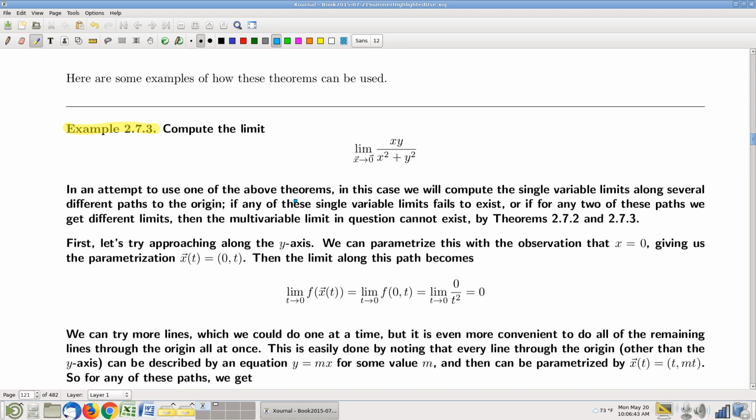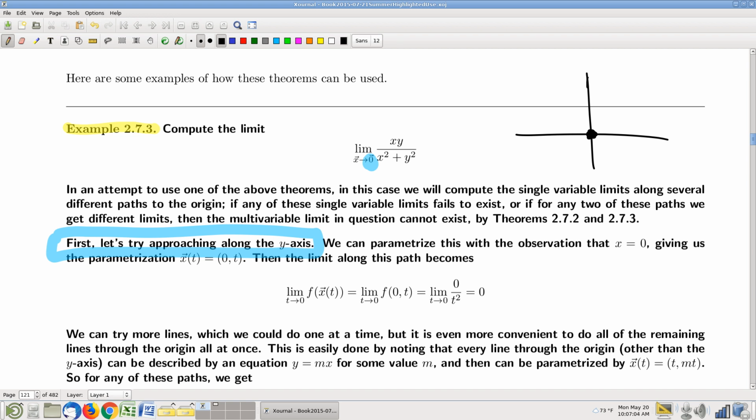Okay, I want to start parameterizing curves. We're approaching the origin, so I need curves that go through the origin, and I'm going to start with going along the y-axis. Here's a picture of our xy plane. Here's our origin that we're approaching, and I want to approach along the y-axis.